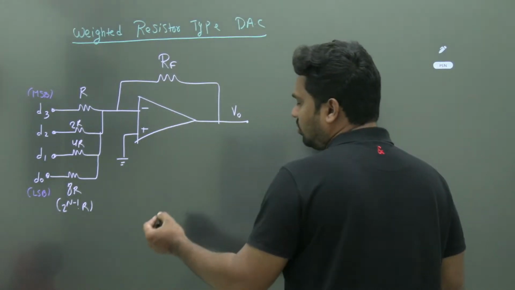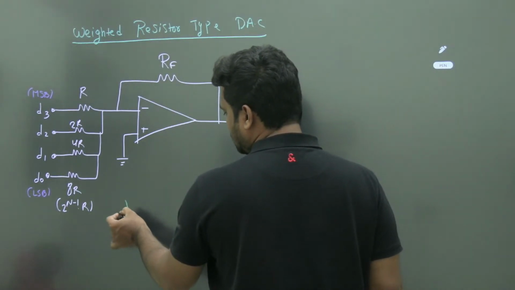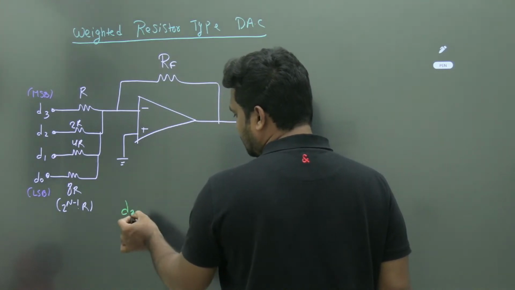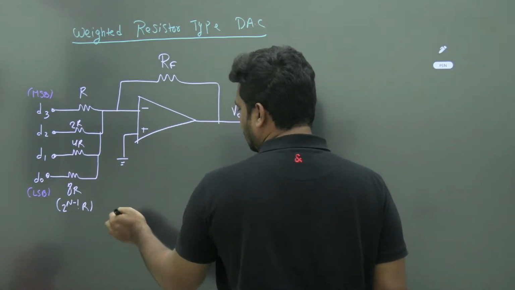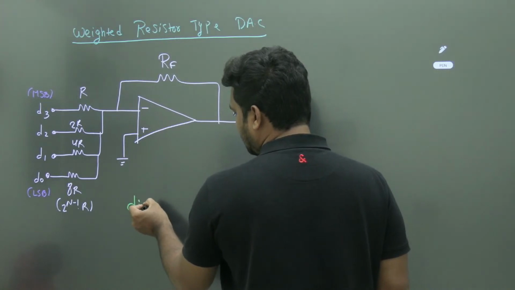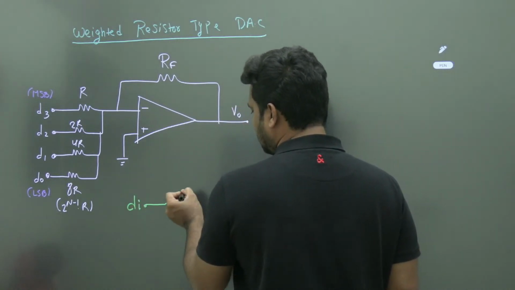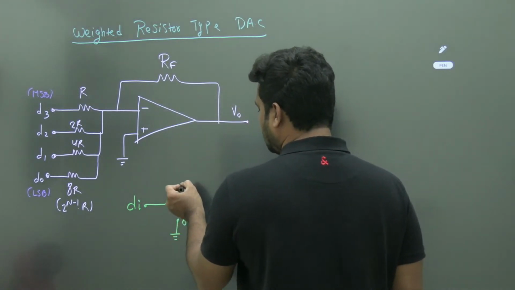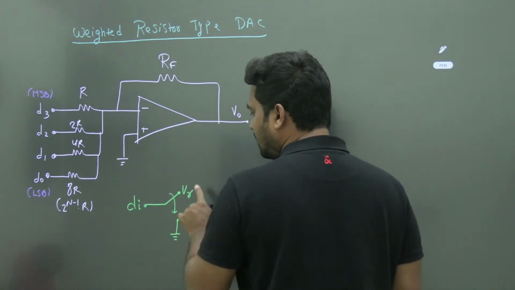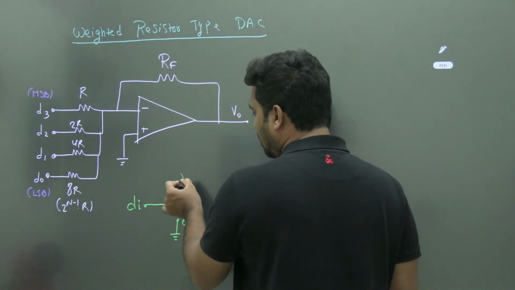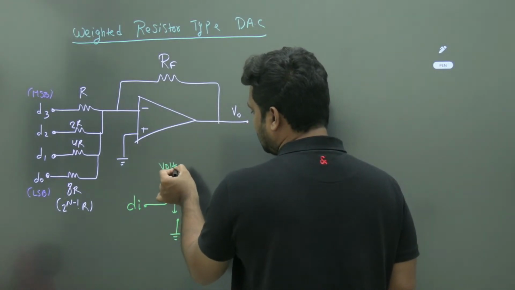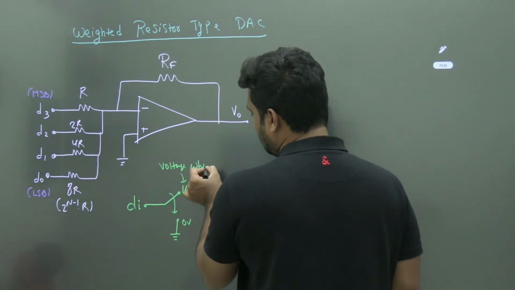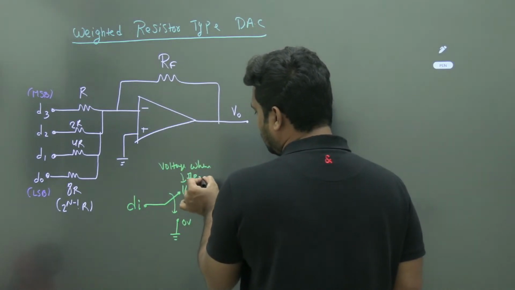Here is how a particular bit is given. You have D3, for example, or take any bit Di. That particular bit is just like a switch which connects to two voltage levels, either 0 volts or some voltage called VR. VR is not V reference; V reference is a different thing. VR is the voltage when the input is equal to 1.